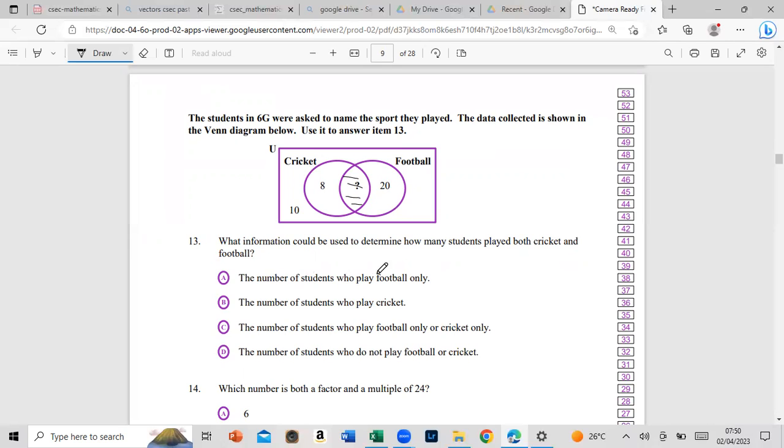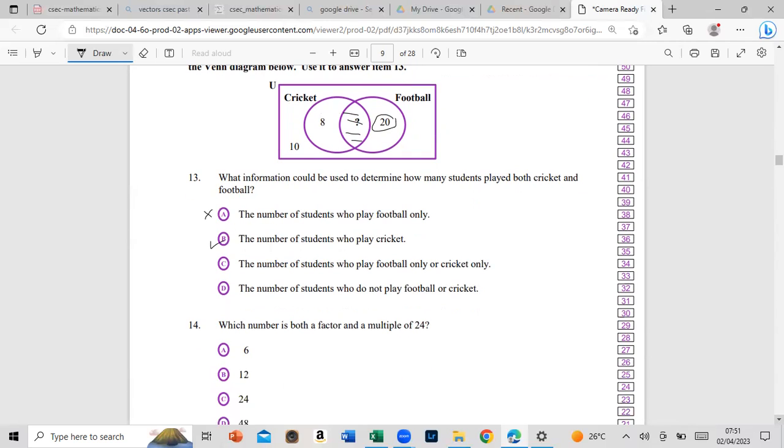The number of students who play football only, we already have that, which is 20, and that does not give us this, so we can eliminate this. The number of students who play cricket. Yes, if we know the number of students who play cricket, then we could subtract those who play cricket only, and that would give us the correct answer. So that would be B.